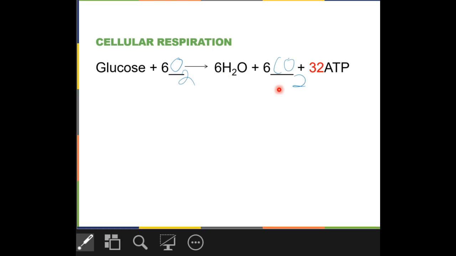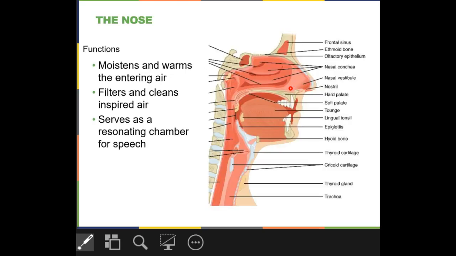There is some chemistry that happens to this CO2 as it's floating through your bloodstream, but the CO2 that you exhale does come from this equation right here. So this is why your lungs exchange gas, because you need to supply your body with oxygen and get rid of CO2. So we start with just some sort of anatomical review.